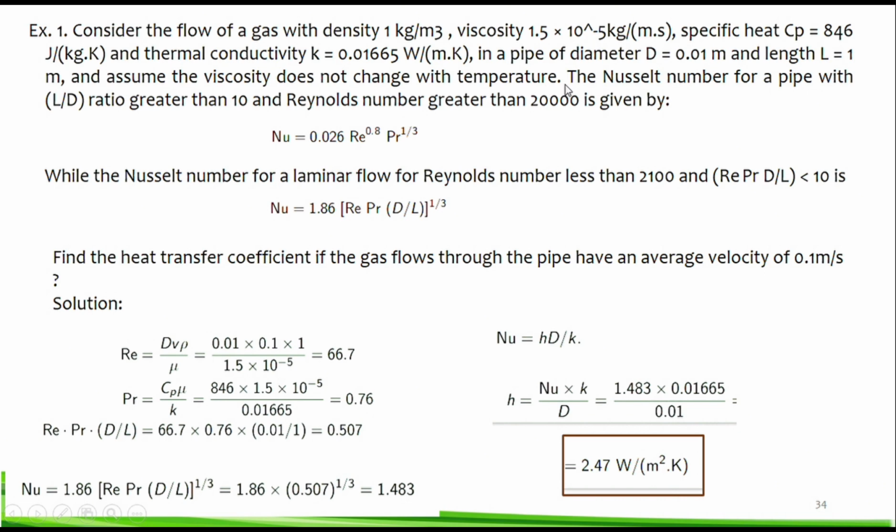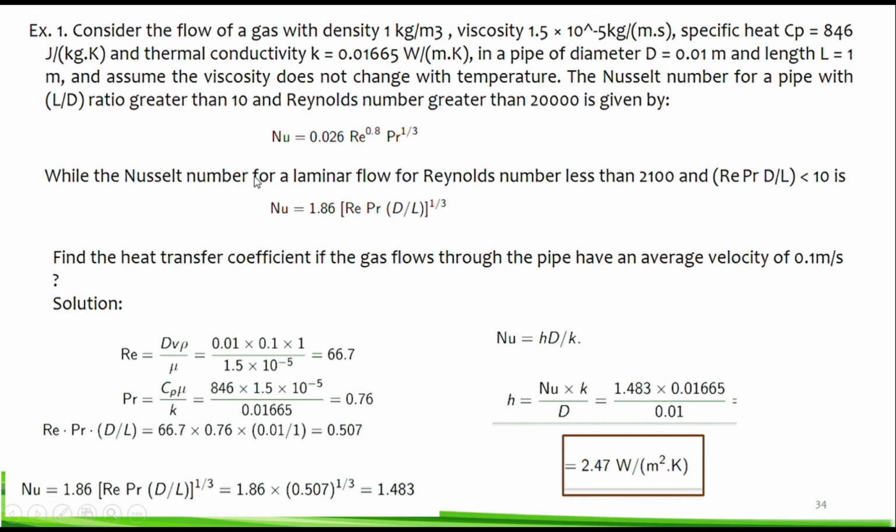The Nusselt number for L over D ratio greater than 10 and Reynolds number greater than 20,000 is given by Nusselt number equals 0.026 Reynolds raised to 0.8 multiplied by Prandtl raised to 1/3.